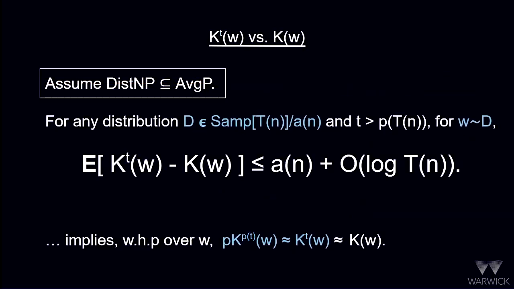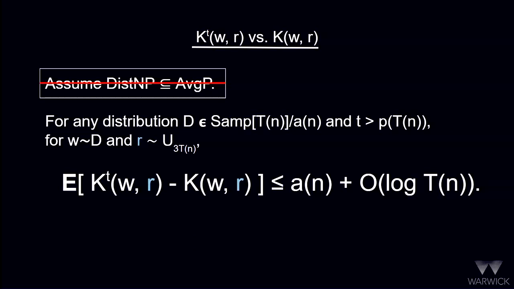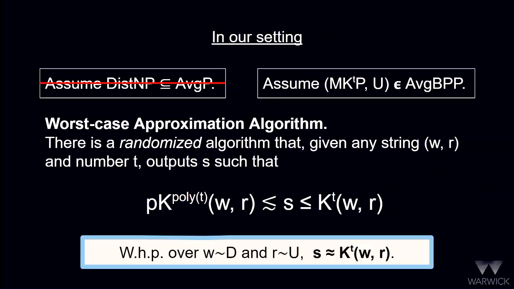Now, okay, you might guess that without the stronger assumption, we don't quite get that statement. But what we can show unconditionally is something similar that holds in the presence of some additional uniform randomness r. Okay, so looking back at our algorithm, it should be good enough as long as we have strings w and r coming from those distributions.